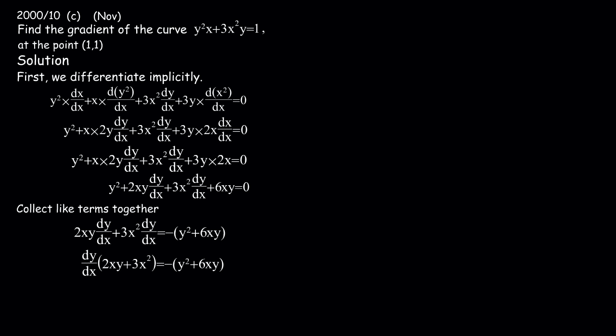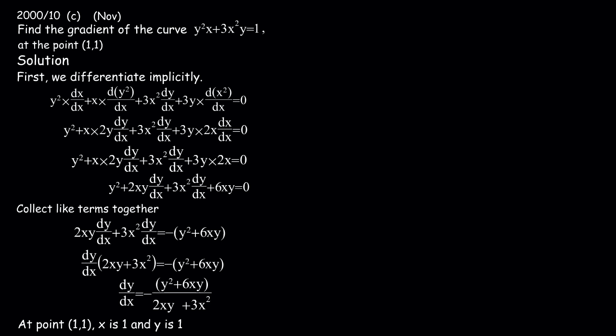To make dy over dx stand alone, we are going to be dividing both sides by 2xy plus 3x squared. Dividing both sides by 2xy plus 3x squared, dy over dx equals minus (y squared plus 6xy) divided by (2xy plus 3x squared).